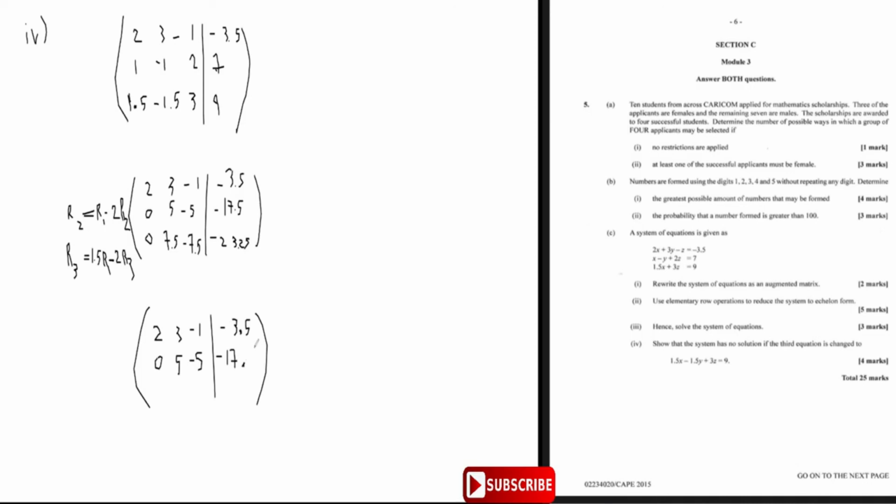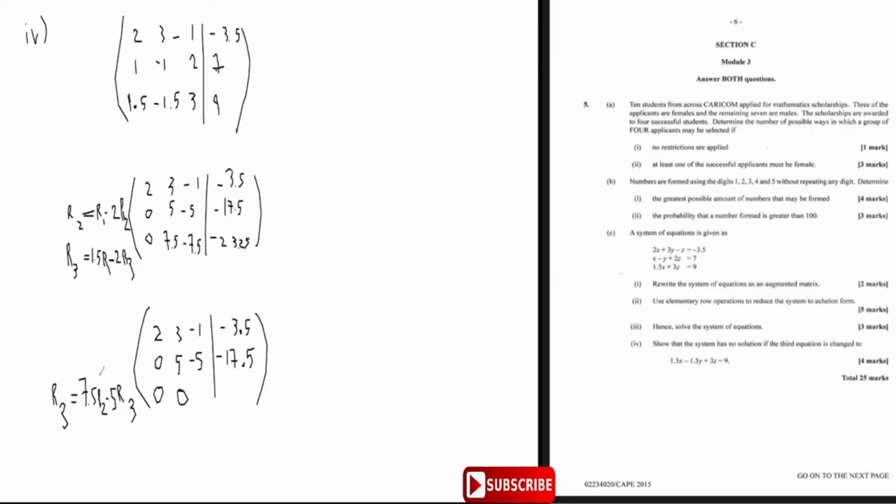Now we need to use row 3. We're going to let row 3 be equal to 7.5 row 2 minus 5 row 3. This will become 0, and this will become 0.